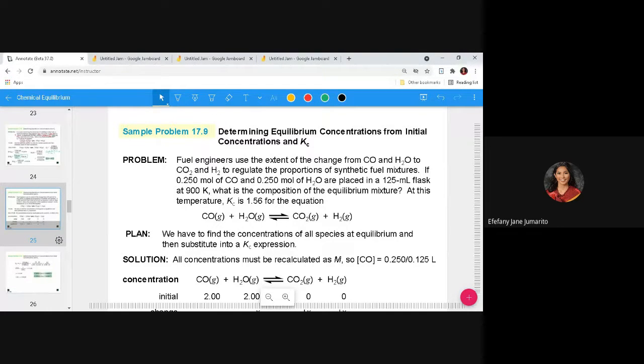So what is the initial concentration of CO? Concentration is moles per liter.